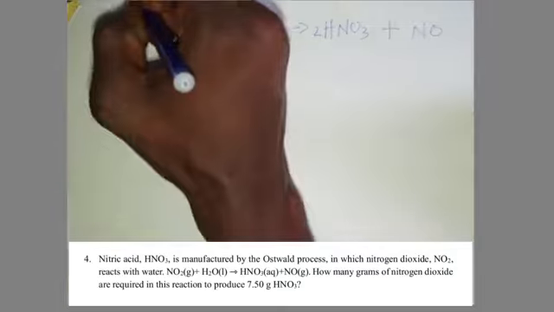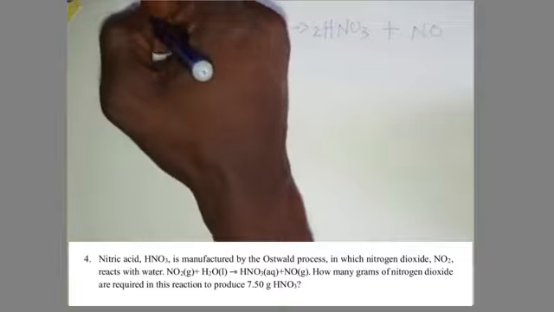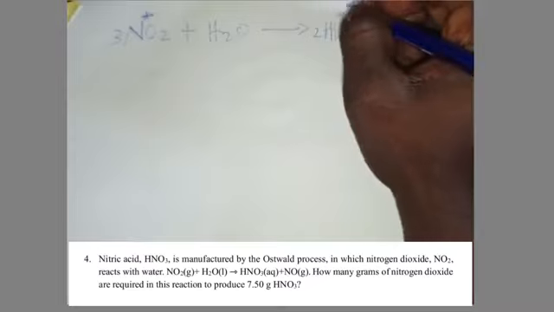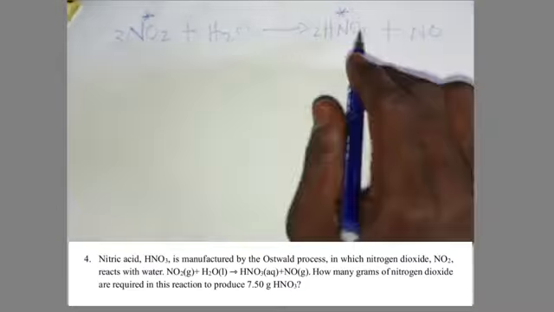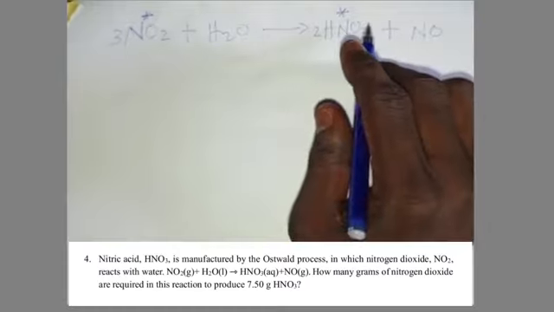Now let us solve the problem. The question is asking us, how many grams of nitrogen dioxide are required in this reaction to produce 7.5 grams of nitric acid? So this stoichiometry connects the nitrogen dioxide to nitric acid. Let's use a mass interpretation to solve this problem.